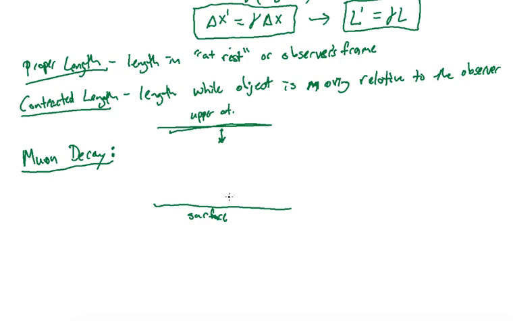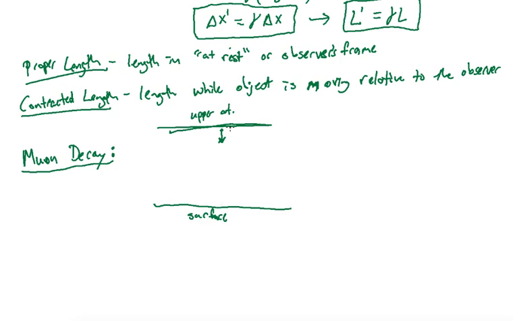But if we take into account this time dilation and this length contraction, then for us, looking at it, we can say that their time dilates. So even though from our perspective it takes them many times the length of their half-life to reach the surface, from their perspective, given how fast they're going, it is actually less than a half-life, and so from our perspective we say, all right, they make it.